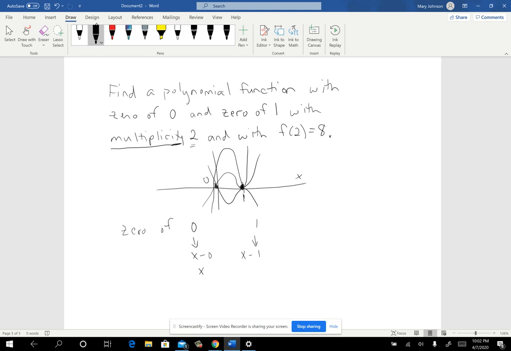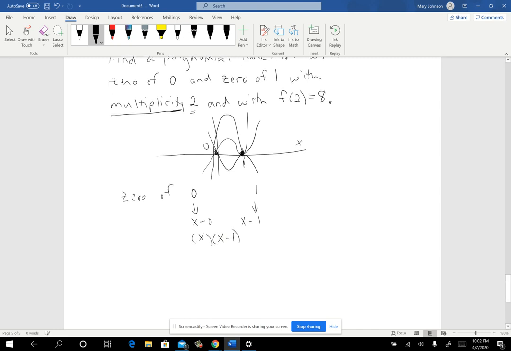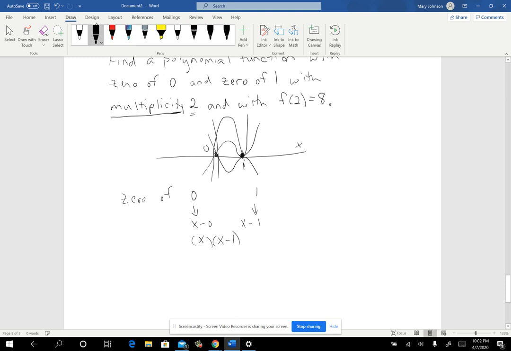So we have an x minus 1, okay? Now, when they said multiplicity 2, that was just telling you to put an exponent of 2 on that factor. So we basically have our equation. Here it is, but I need to figure out the adjustment factor. And that's when we're going to go back in and use that little added piece of information.